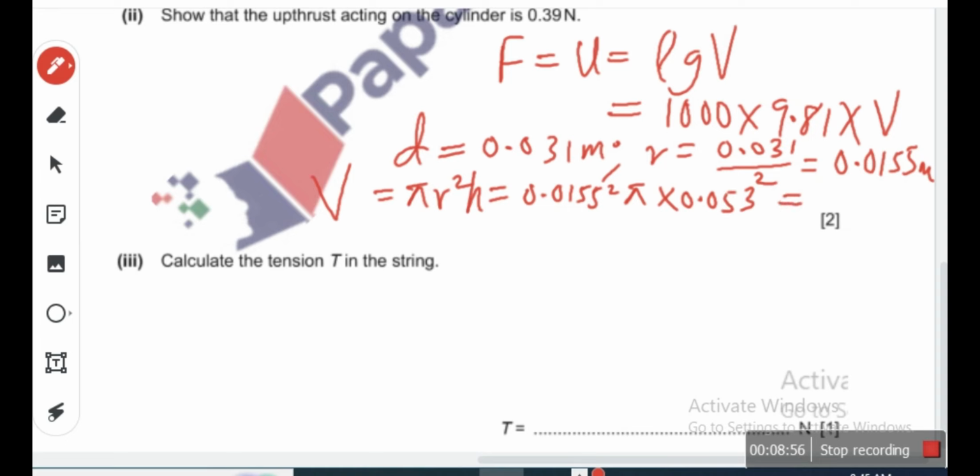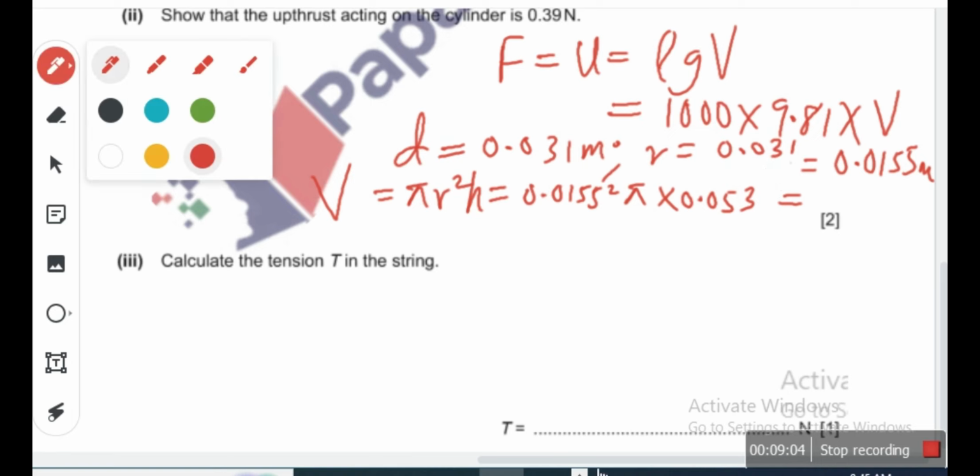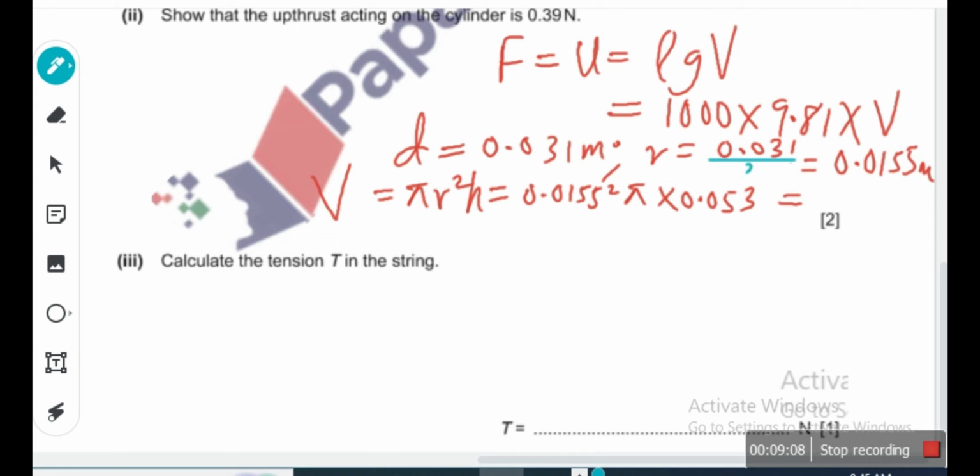Get the answer so that I can work very quickly. That's pi times 0.0155 squared times h.